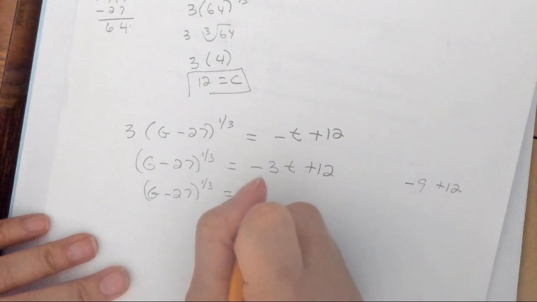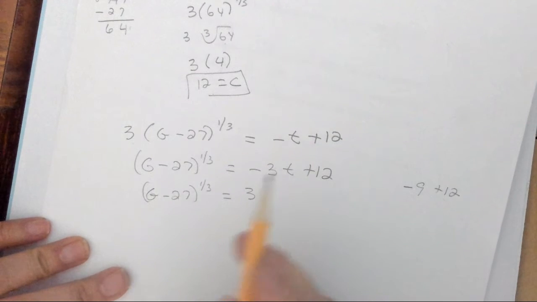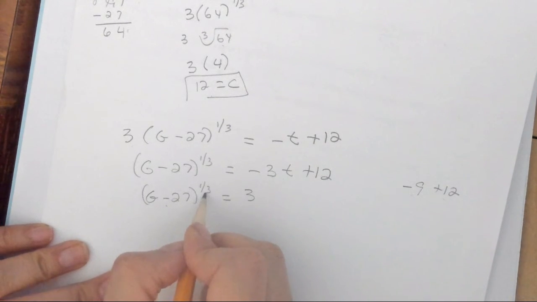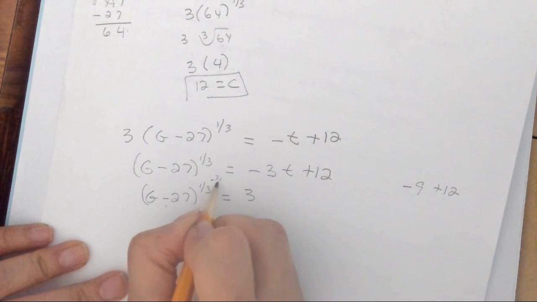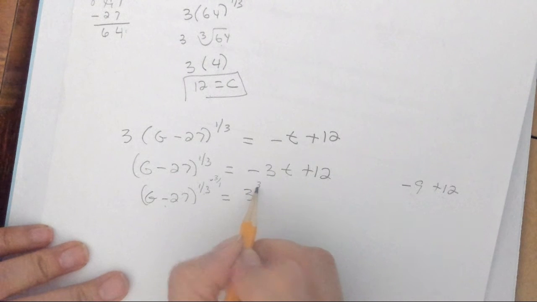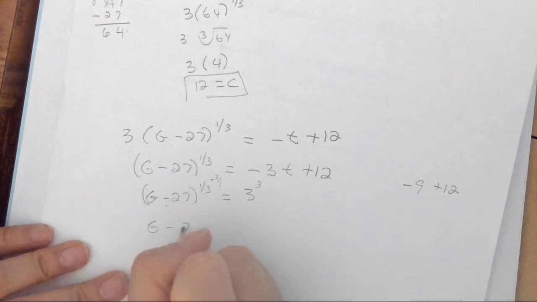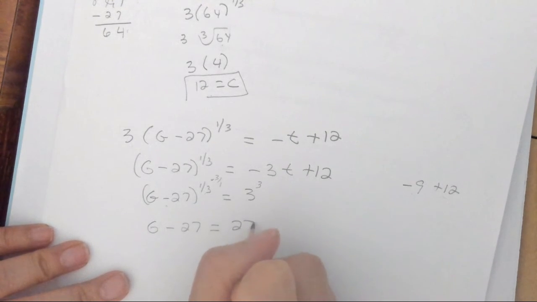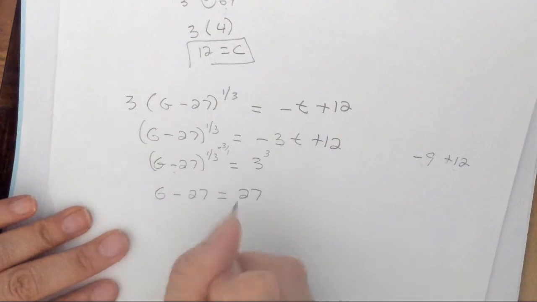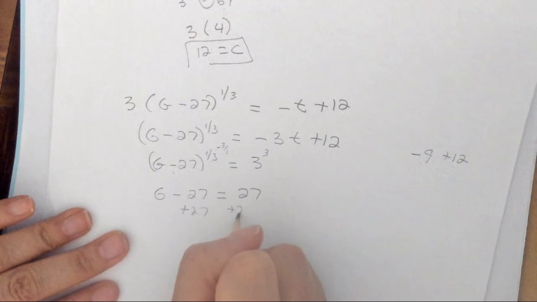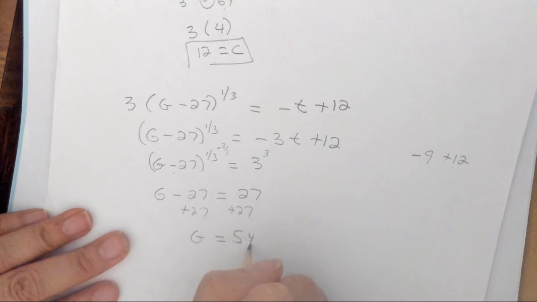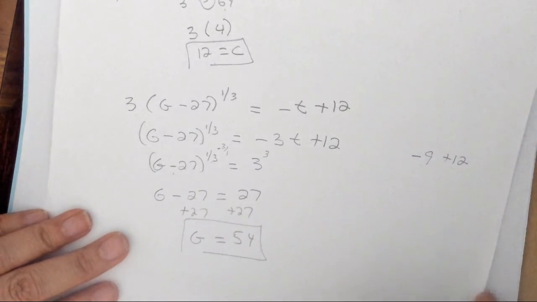That's 9, and 9 divided by 3 is 3. So I want to get g by itself. If this is raised to the 1/3, I want it raised to the first power, so I'll raise both sides to the power of 3. Whatever I do to the left, I do to the right. g minus 27 equals 27. Add 27 to both sides. I get g equals 54. Got my answer.